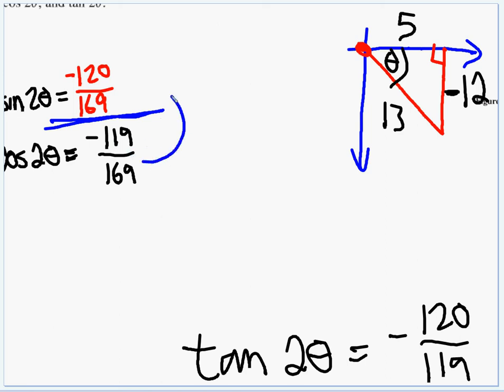So just bring it up and flip and multiply. Sine divided by cos, that's going to be 169 over negative 119. The negatives cancel, the 169s cancel, and what we're left with is 120 over 119. And how did I have a negative down here? We did say those negatives canceled. That is definitely positive.